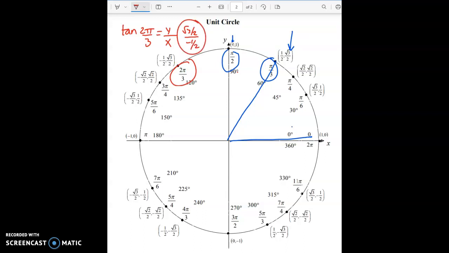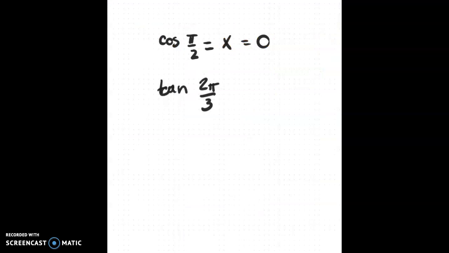So let's go to the whiteboard and do that. So it will be square root of 3 over 2 divided by negative 1/2, which I'm going to write like this.